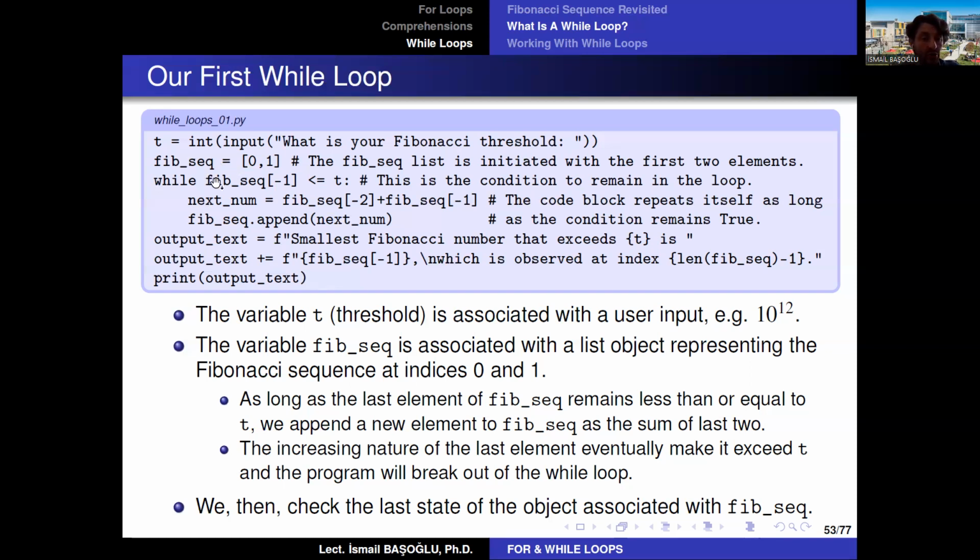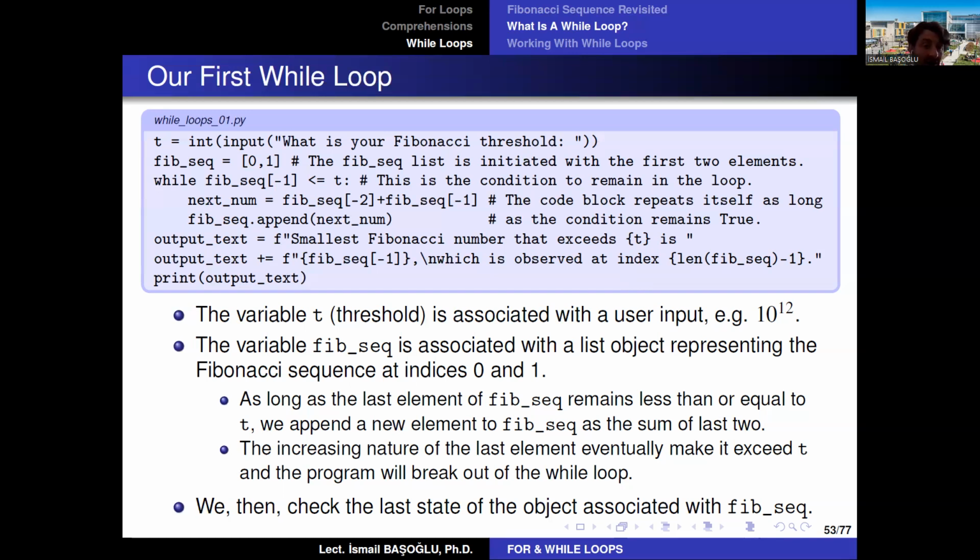Please check again: in the Boolean expression, we are always using the last element of the Fibonacci sequence, which means we are updating the Fibonacci sequence list. Therefore, the Boolean expression has one variable associated with a value that is exposed to change in the while loop. If at least one variable in the Boolean expression is not exposed to a change in the while loop, the while loop will not terminate, which means it will remain in the loop until infinity, okay?